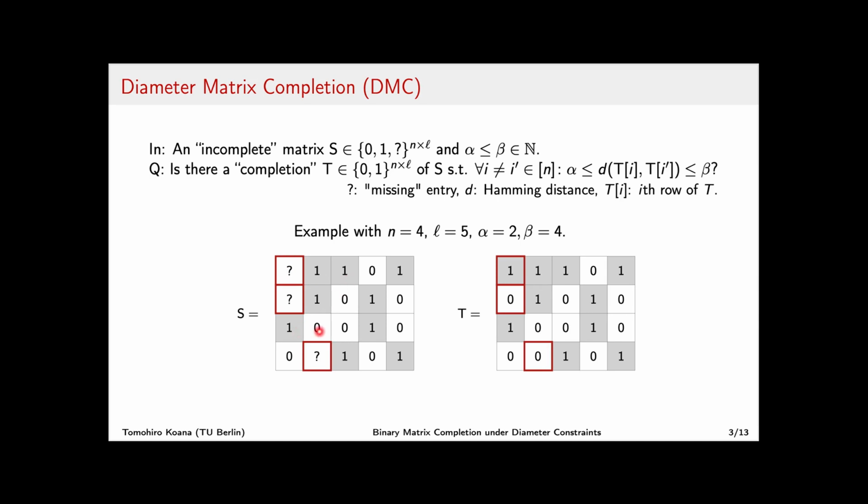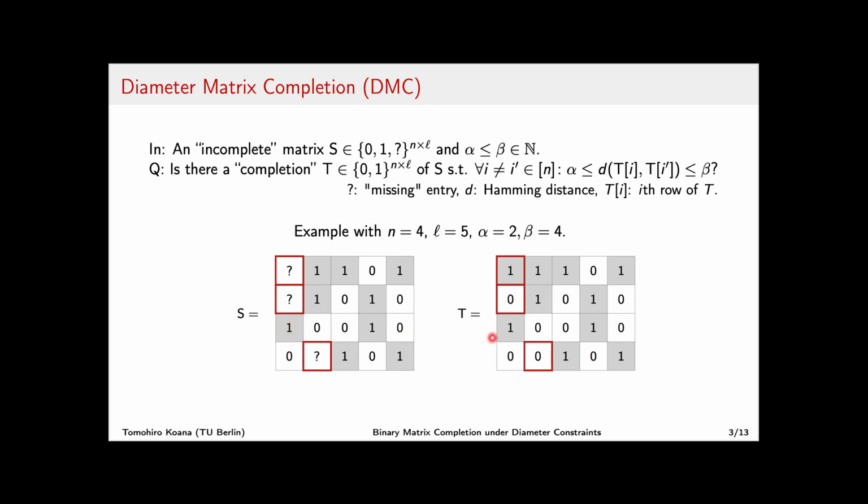In a similar way, we can show that this missing entry must be replaced by 0 because the distance between the third row and the fourth row is 4, excluding the second column.